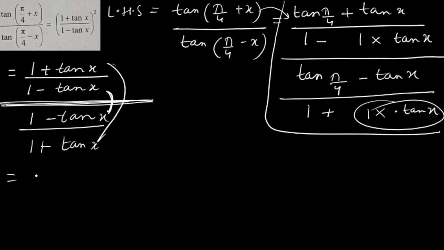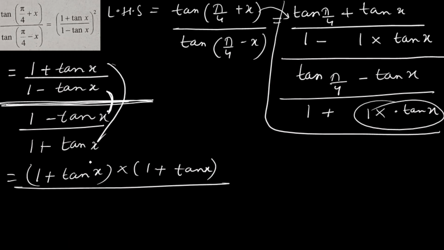So outer ones will get multiplied. That means 1 plus tan x into 1 plus tan x. In the denominator, here I have 1 minus tan x, which gets multiplied by 1, and the inner ones get multiplied by 1 minus tan x.